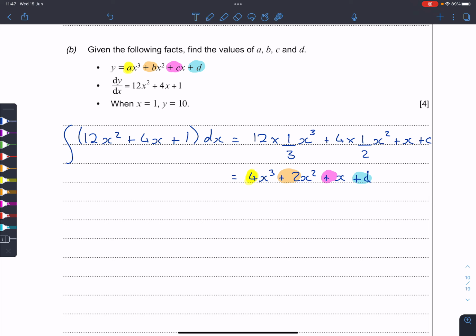Now I can use my last piece of information, which tells me that when x is 1, y is 10, because this is now an expression for y. If I integrate dy by dx, I get y.